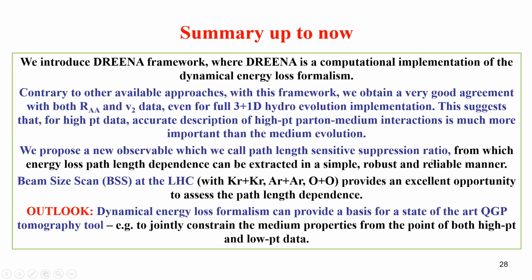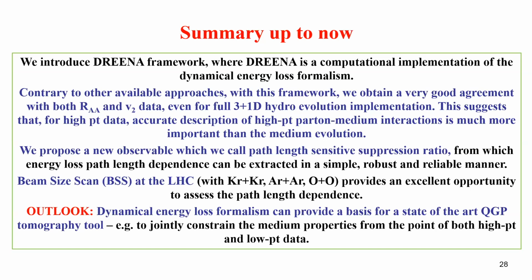And we expect that future beam size scans at the LHC will provide an excellent opportunity to assess this path length dependence. As an outlook, we expect that the dynamical energy loss formalism can provide a basis for a state-of-the-art QGP tomography tool to jointly constrain the medium properties from both high and low pT data.